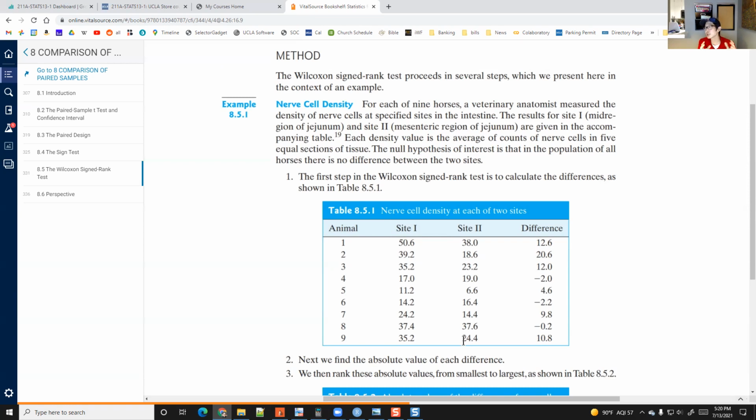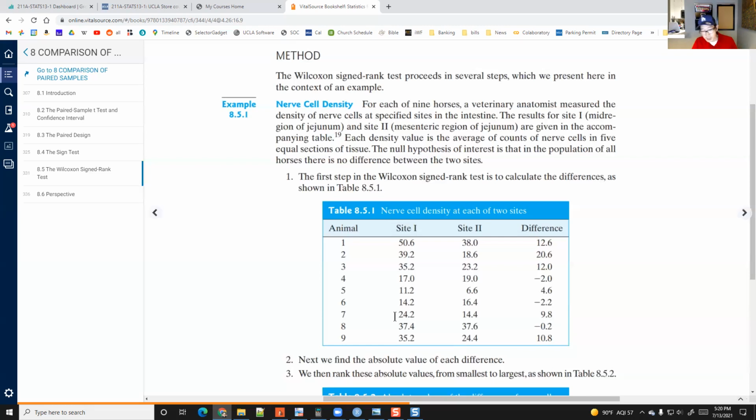So anytime you're looking at the same subject and getting 2 measurements, whether it's before and after they took caffeine, or in this case site 1 and site 2, or the same patient with high compatibility and low compatibility on the HLA skin graft, those are going to be paired data situations.